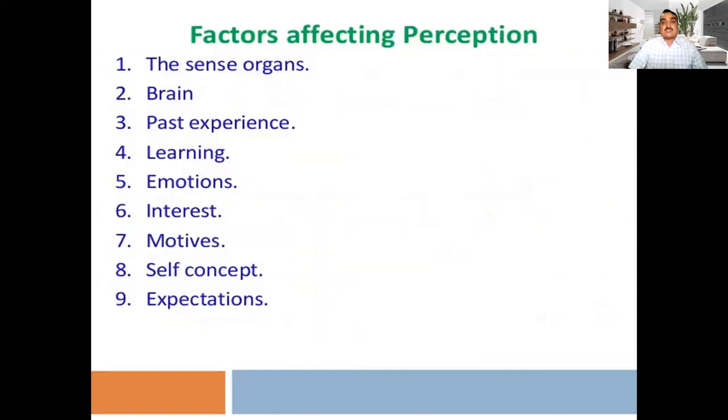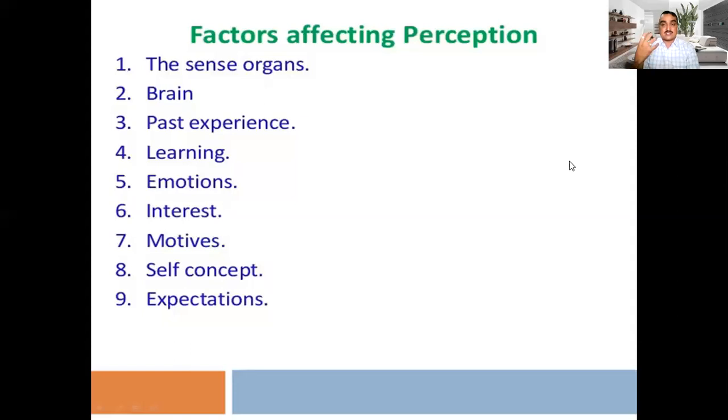Next, the factors which affect perception are the sense organs, the sensory organs. Which are the sensory organs? Eye, ear, tongue, nose, and the skin. These are the 5 sensory organs. Next, the factor which influences perception is the brain. Okay, the brain is also important for perception.